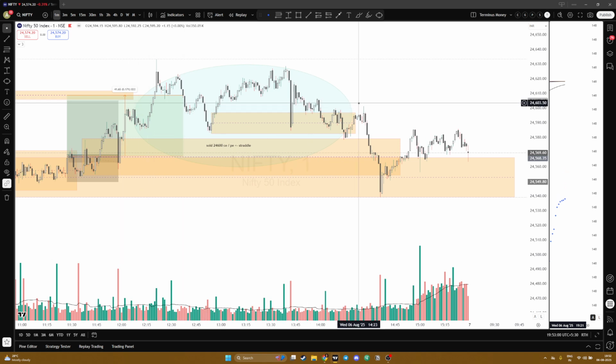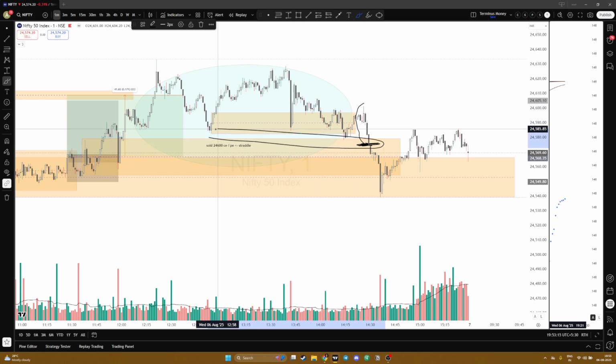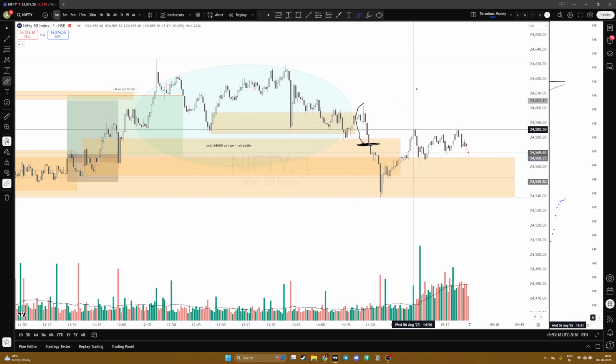It was running smoothly, giving me 900 to 1000 rupees profit, but from this level, when this zone got tested, the puts shot up and my whole profit came down to 300-400 rupees.